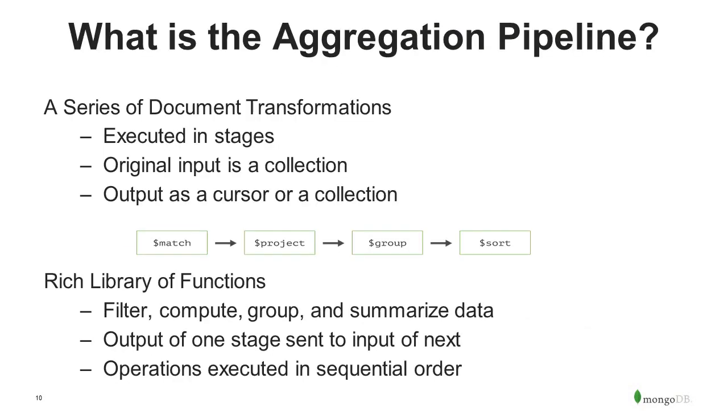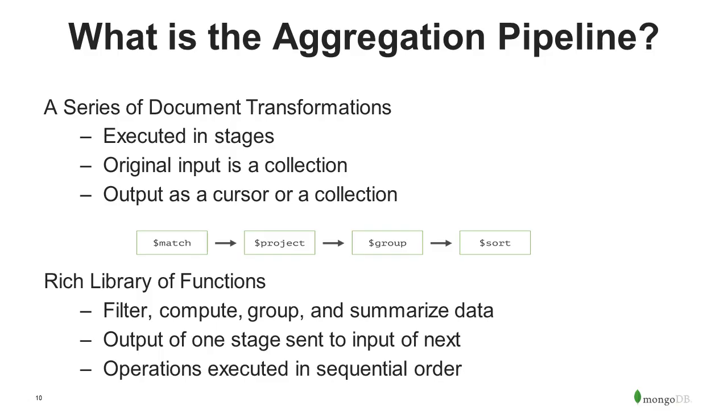All right, so let's dig a little deeper into that. How do we apply that concept of a pipeline to an aggregation? Within the aggregation framework, when you're running an aggregation, you're going to send your data through a series of document transformations or different kinds of operations. Each of these transformations occurs in one stage, such as a match or a project or a group or a sort. We're going to go into the details of what these things are, but you can probably guess or have a rough idea from the name of them.